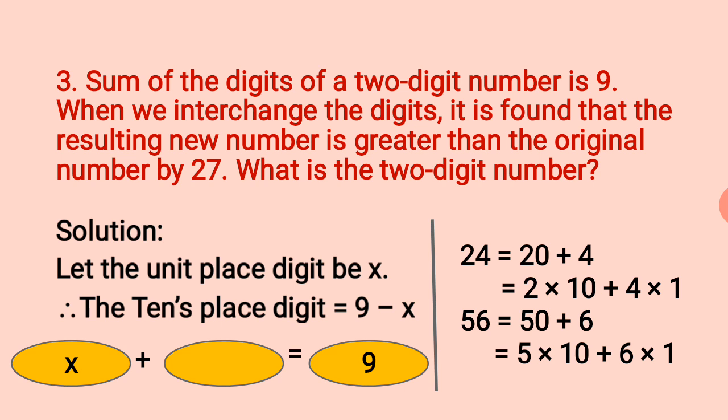Now as we have seen in these two examples, 24 and 56, the digit in the tens place is multiplied by 10. So this 9 minus x will be multiplied by 10 and the digit in the units place will be multiplied by 1. So x will be multiplied by 1 and then these two numbers will be added. That's what we have done.